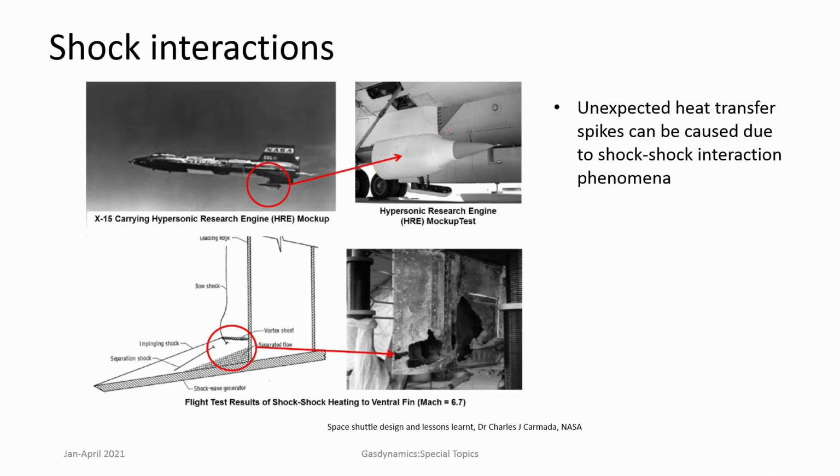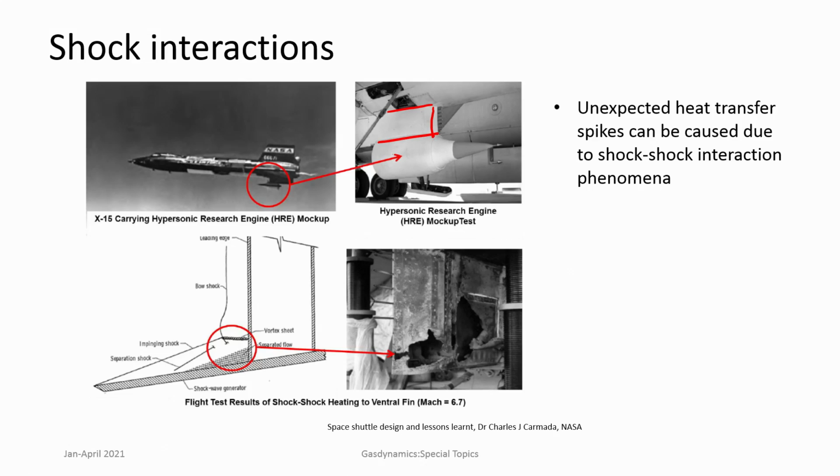This vehicle goes at very high Mach numbers, X-15, but it also has many protrusions, including fins carrying a payload, mounted using certain pylons. These are the pylons here, and this is the experimental vehicle. So, this body is not entirely smooth.